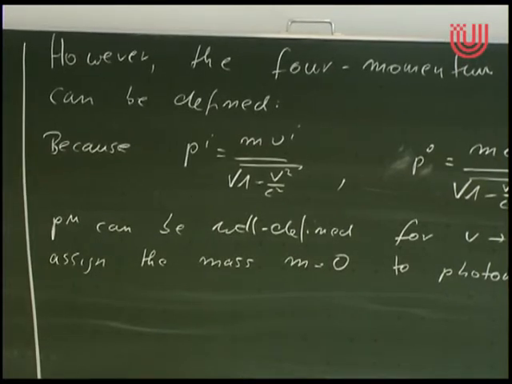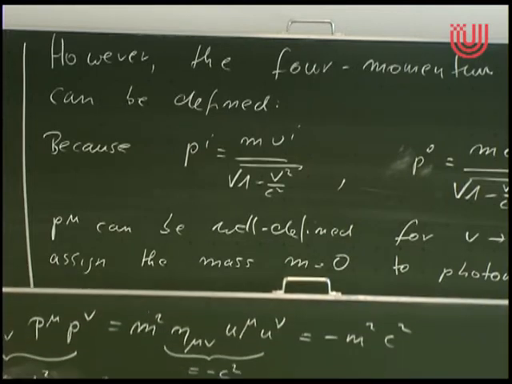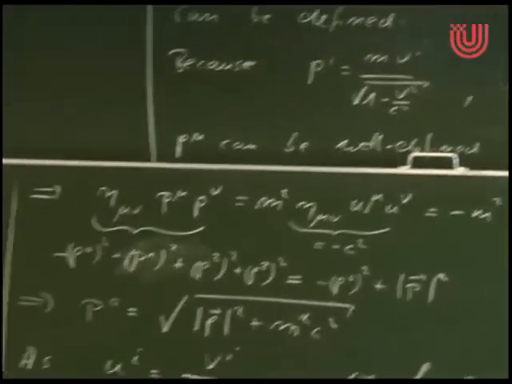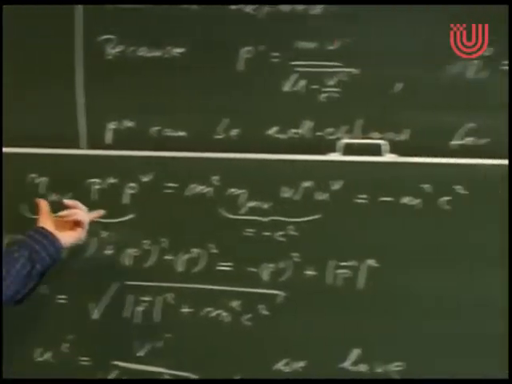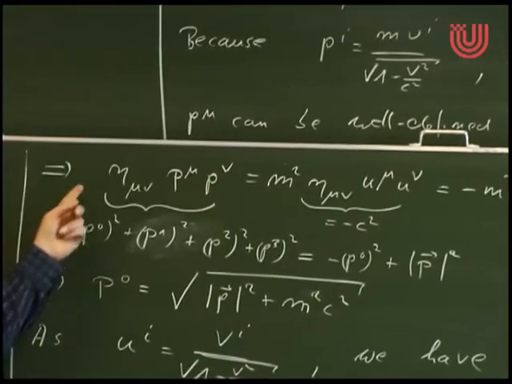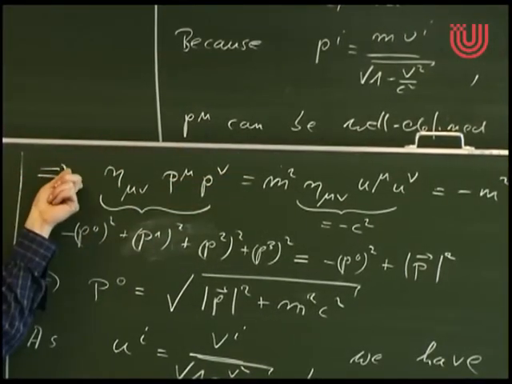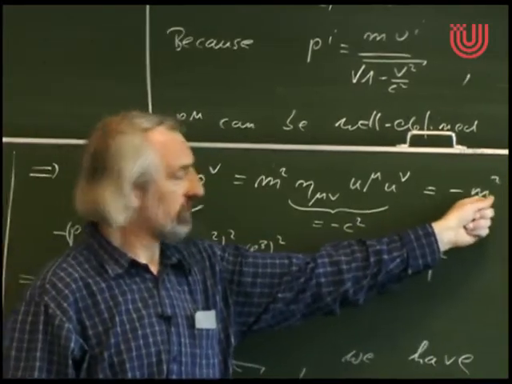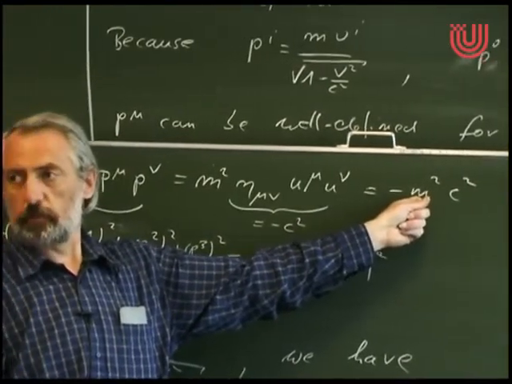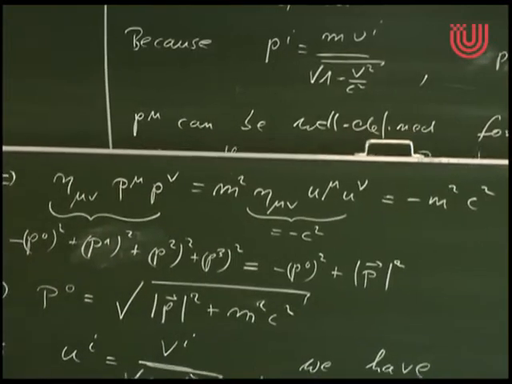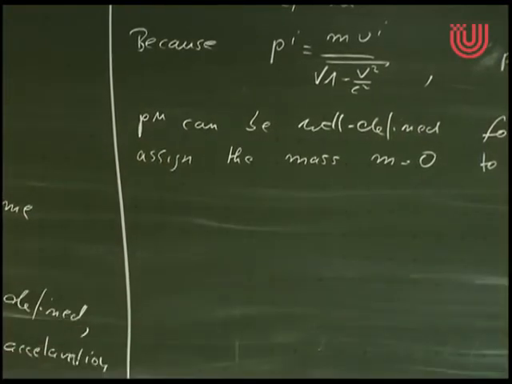So the four-momentum obviously must be light-like, and the mass must be 0. You see it also from this equation. Maybe that's even a better way of seeing it. We had this equation here, right? If you want to have this light-like, and that's what you want for photons, so this should be 0, then again you see this only works if we set m equal to 0. So everything fits together if we consider the situation in the suggested way.